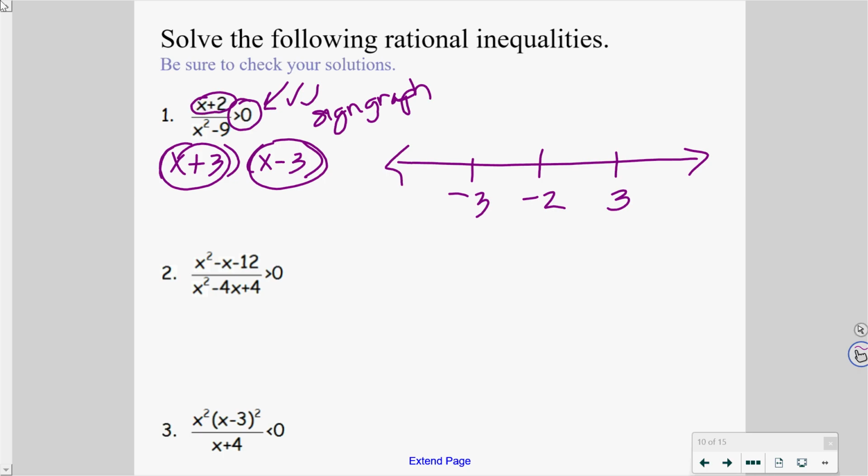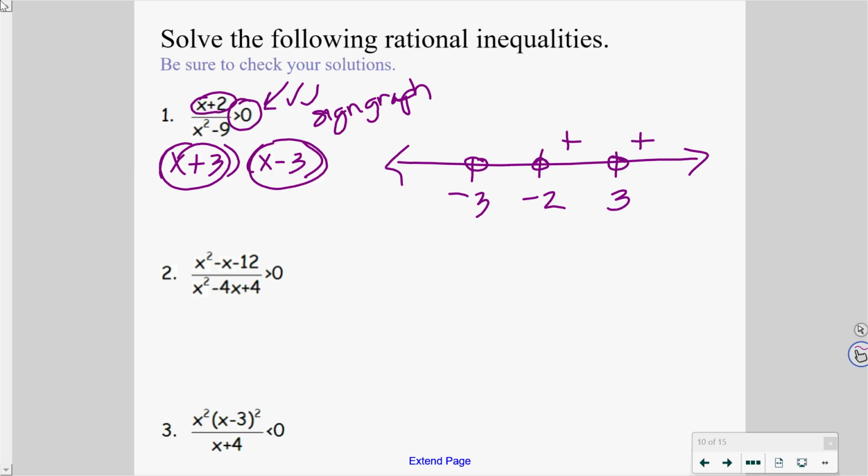Are all of them normal factors? Any multiplicities, right? Nothing weird going on. So they're all normal. So what I like to do is first look at the sign. It's greater than, it's not equal to. So I don't care where the zeros are in the numerator or denominator, they'd all be open, right? If it's equal to, it would change.